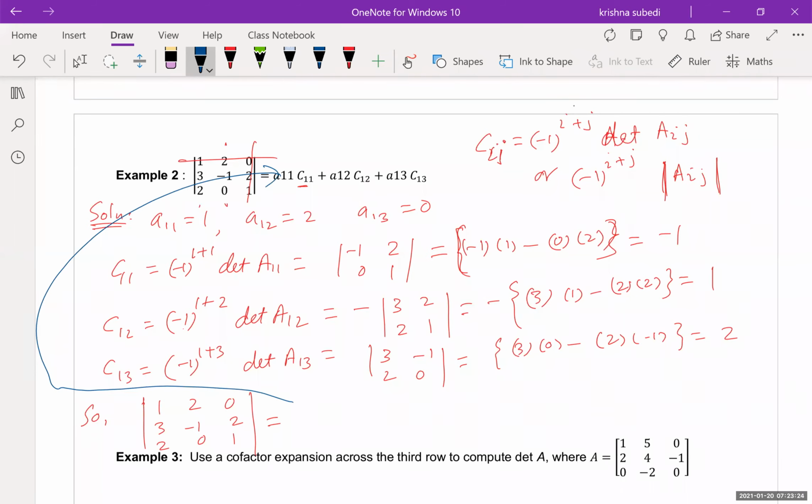So that means A11, which we already know, which is 1, times negative 1 plus 2 times 1 plus 0 times 2, and that's going to give me 1.